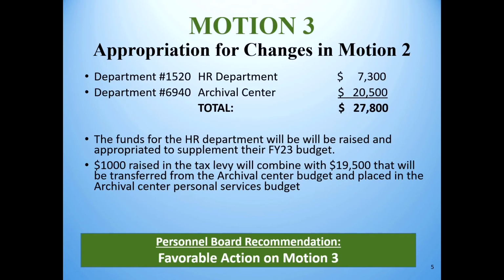There's $7,300 that will go into the HR department's budget, and there's $20,500 that goes into the archival center, which is in the clerk's department. Most of the $20,000 is paid for by moving funds.